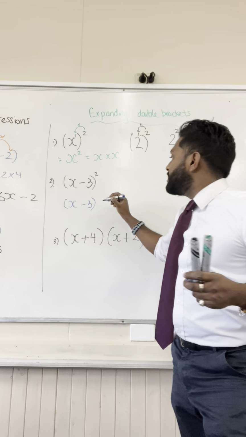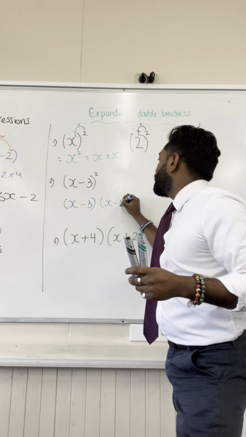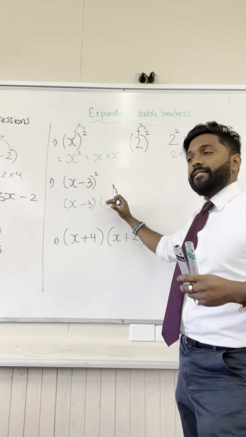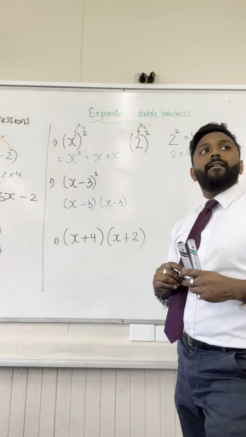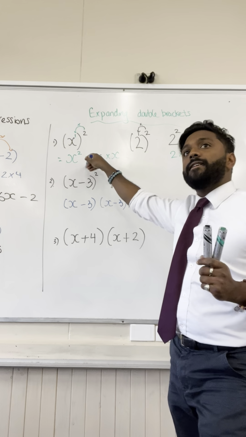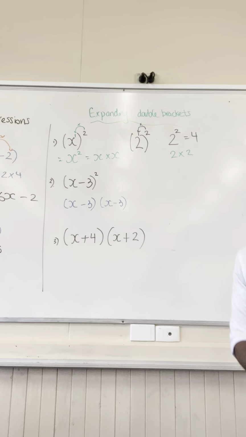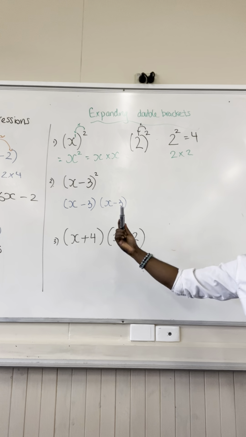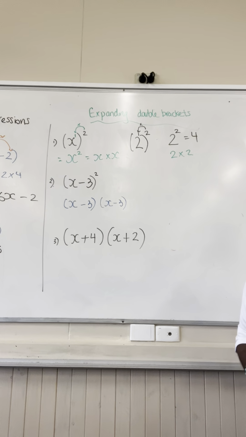X minus 3. That's literally what that means. If you know what this is, which means x times x, this is not so much different. It's applying the same concept. Now you just need to expand it.